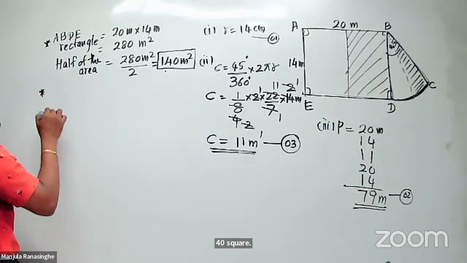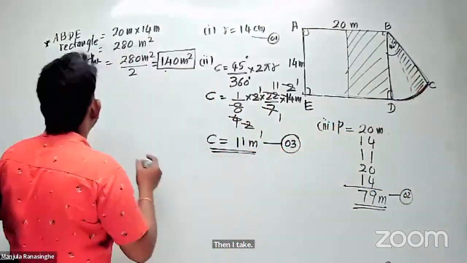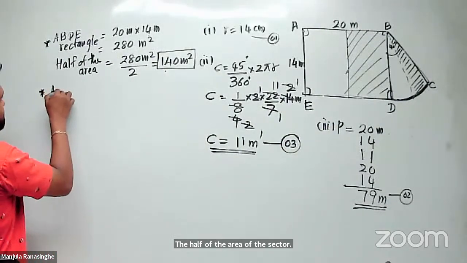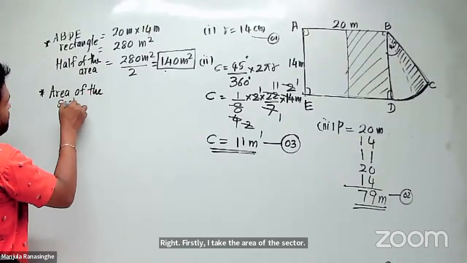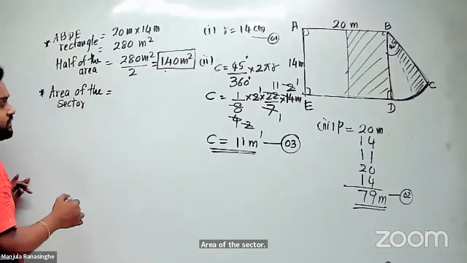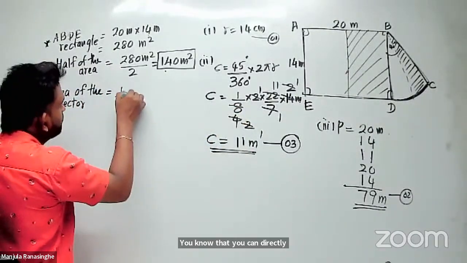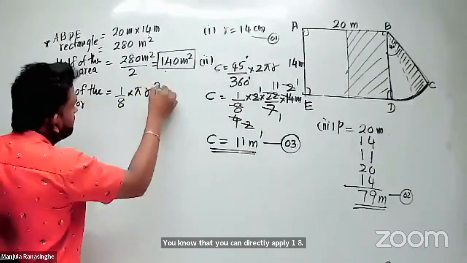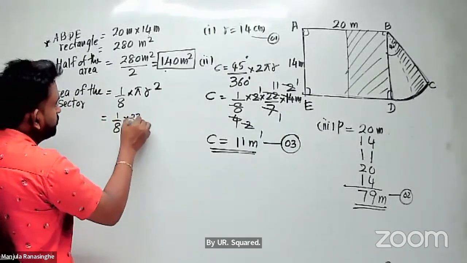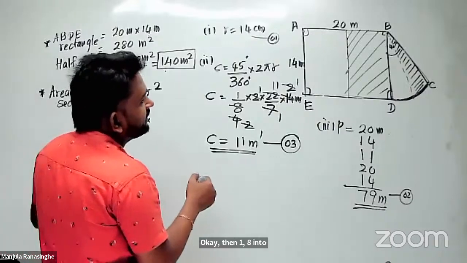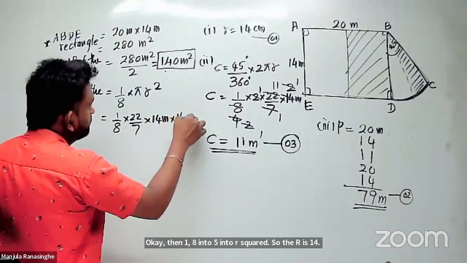Then I take the half of the area of the sector. Firstly, I take the area of the sector. You can directly apply 1/8 pi r squared. So 1/8 into pi into r squared, where r is 14 meters, 14 into 14.